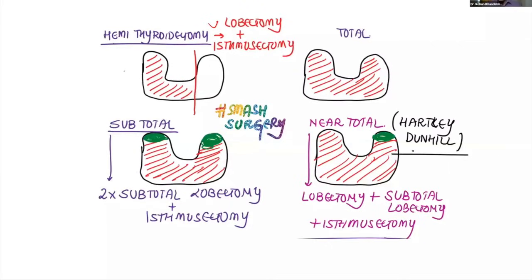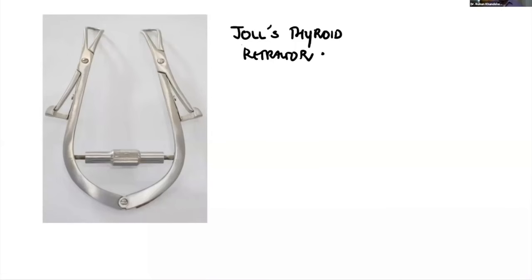Minimum surgery is hemithyroidectomy. You should also know that the incision used is the collar incision, right? The collar incision, which is 2 finger breadths above the suprasternal notch.